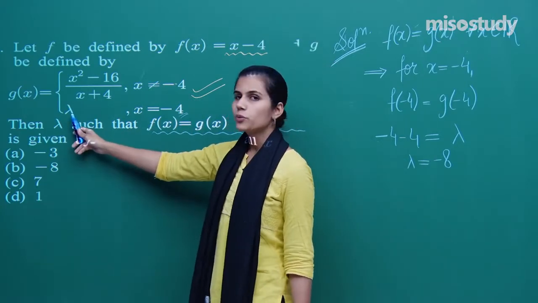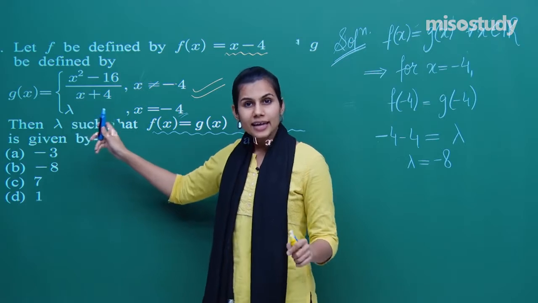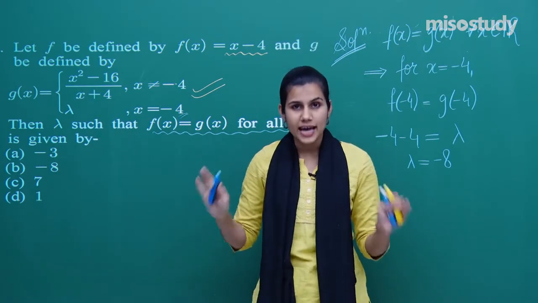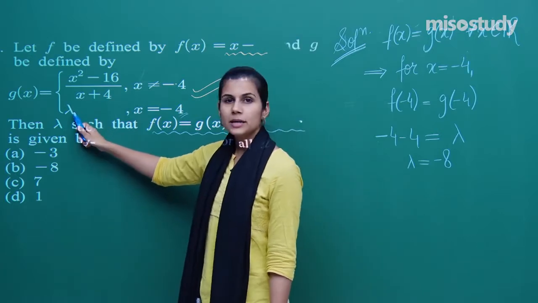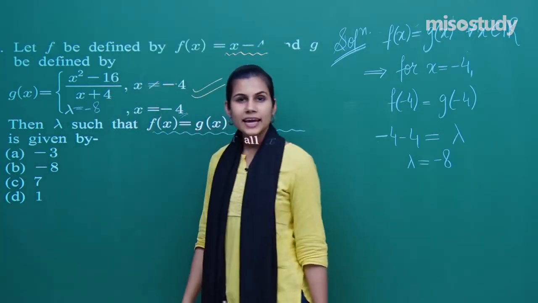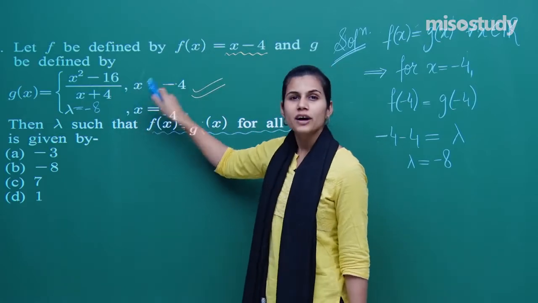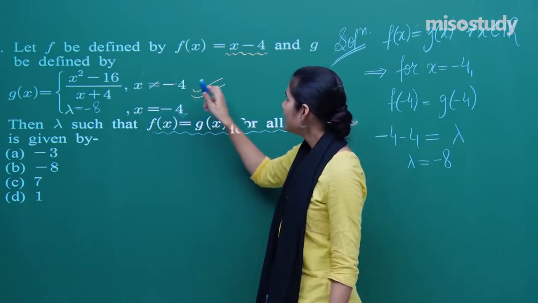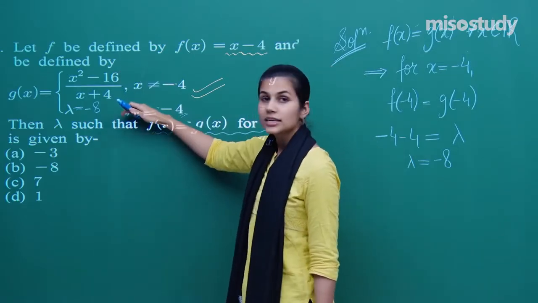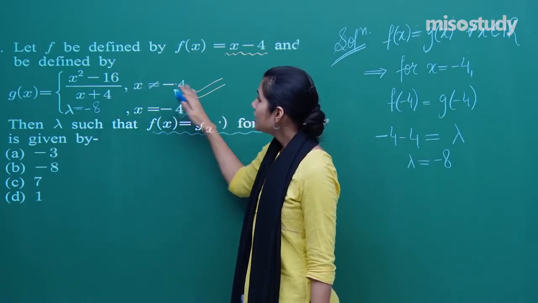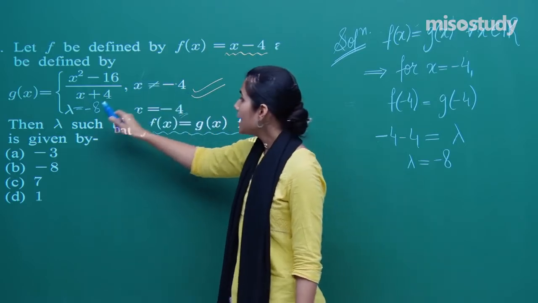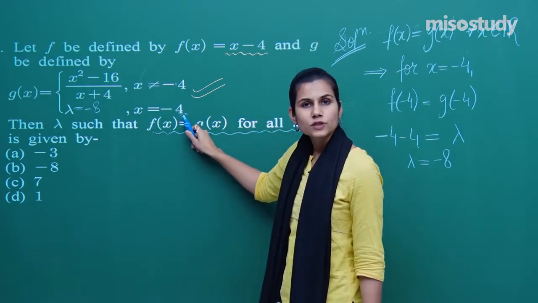When lambda will be equal to minus 8, then in that case fx will be equal to gx for every x. Just replace lambda with minus 8, even the different looking functions f and g. Just understand, f is just this simple expression x minus 4, whereas g is this expression which is x square minus 16 upon x plus 4 for these values of x and minus 8 for minus 4.